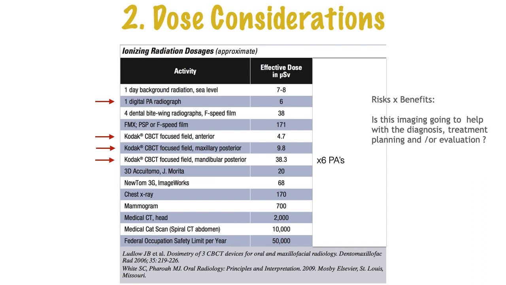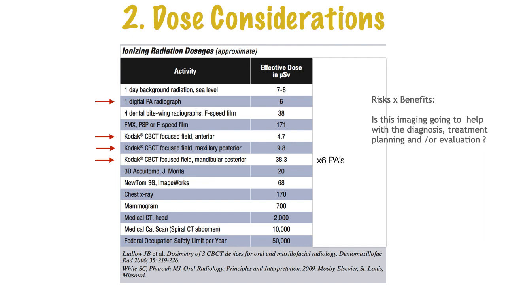Now let's look at the CBCTs here and go to Kodak focused field, which is the small field of view. Of course, we're looking at density of bone. The denser the bone, the more radiation the patient will be exposed to. It makes sense.